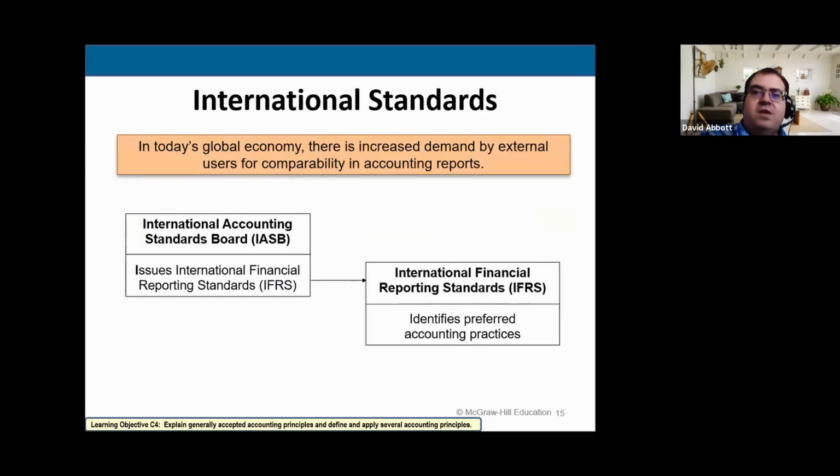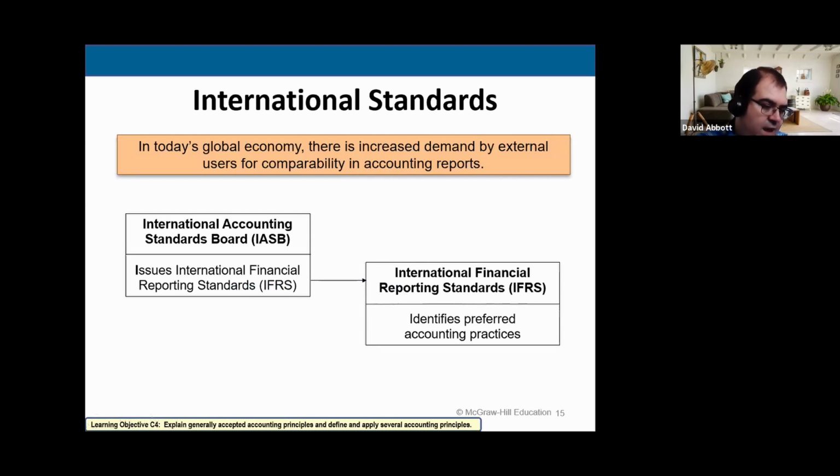Again, international standards. We know that the world is becoming more and more globally connected. There is increasing demand by external users for comparability in accounting reports. So you have the International Accounting Standards Board, which issues International Financial Reporting Standards. In today's global economy, there's demand from users.